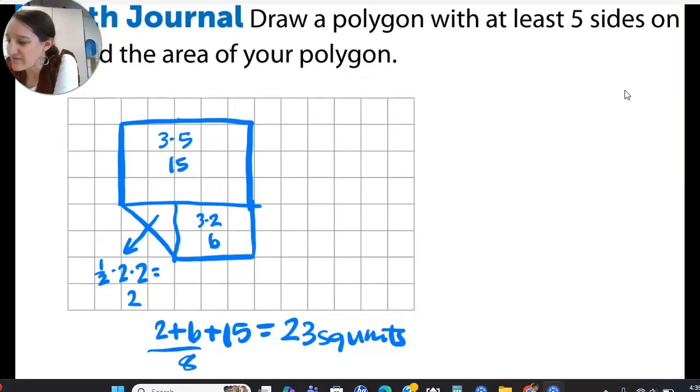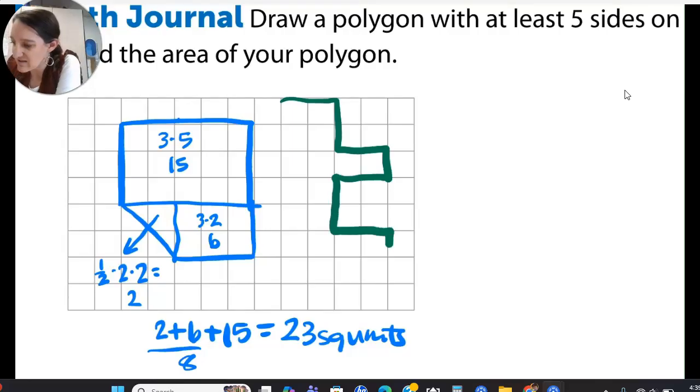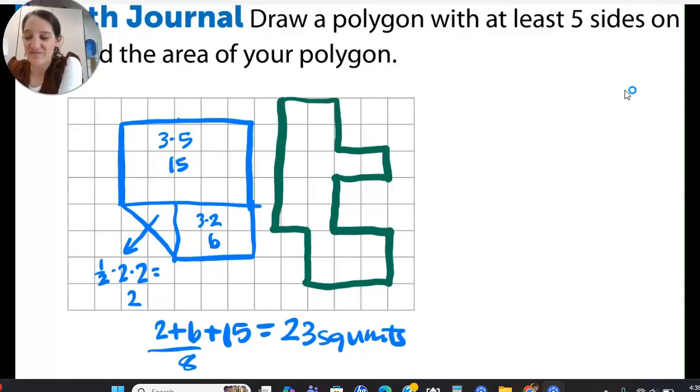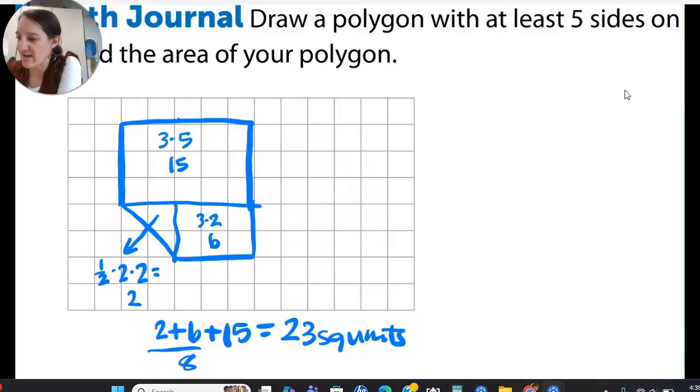Could you get like really funky though? Like what if you did something like this? That definitely has more than 5 sides, and that would be easy to do, right? Could you do one that's like cool and diagonal-ish?